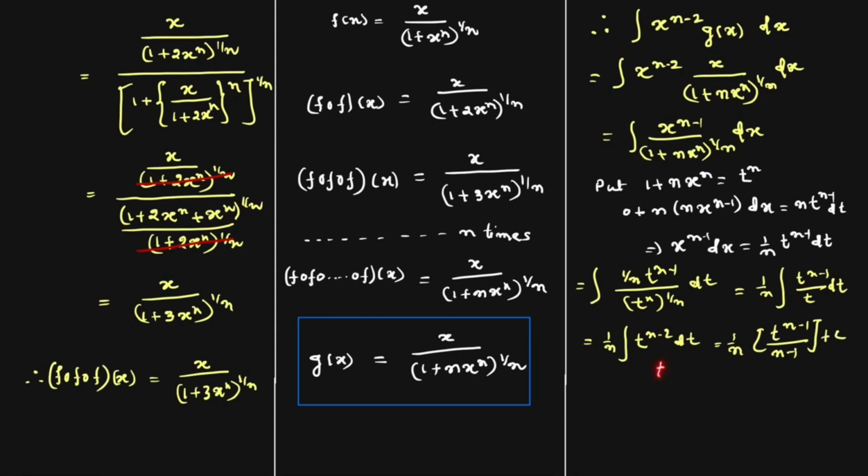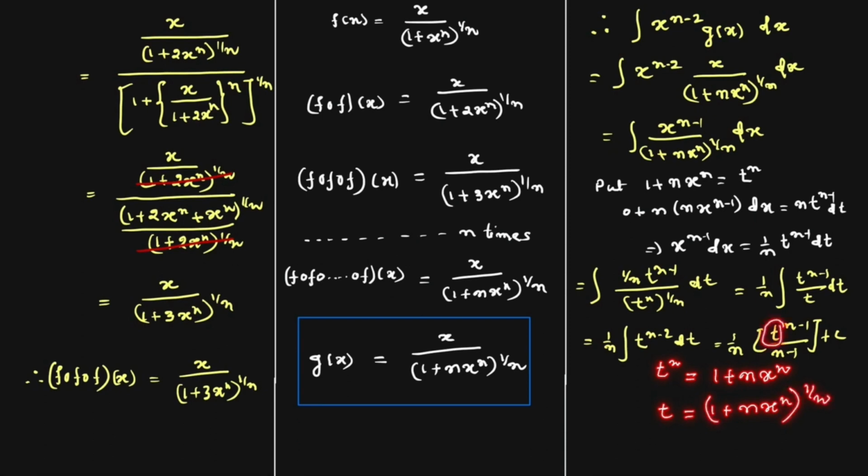We know that t to power n we are able to write as 1 plus n x to power n. So t we are able to write as (1 plus n x to power n) to power 1 by n.